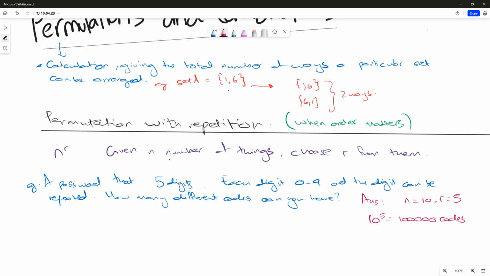So given 10 digits, I want to choose 5 from there. We're going to have possibilities of 10, because from 0 to 9, we have 10 options. So we have 5 digits, 1, 2, 3, 4, 5. Each digit has 10 options, and so we're technically multiplying each of the options by each other to get the total possible options.